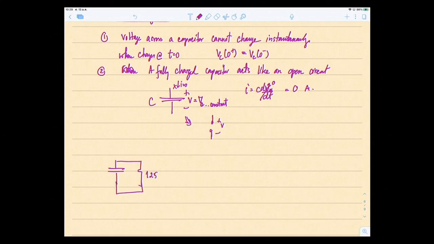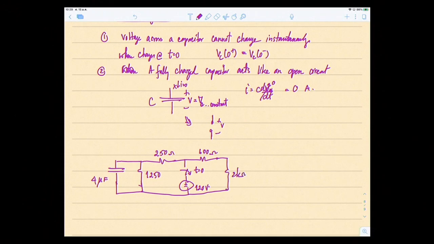So let's say 150 to 50 ohms, plus minus 120 volt, t equal to 0, 600 ohms, 4 microfarad, 2k ohms, 100 ohms, 400 ohms, plus minus V naught.